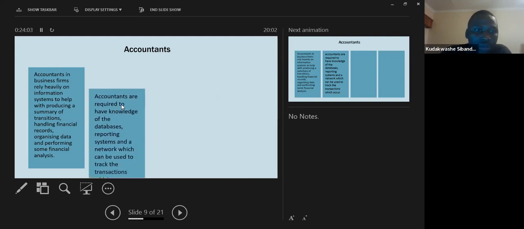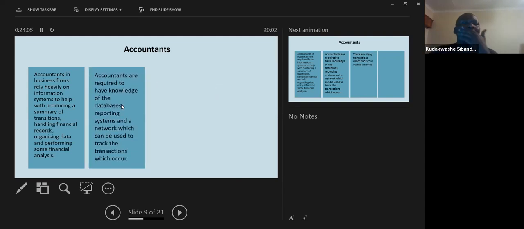Okay. So accountants are required to have knowledge of the database reporting system. Because if we're talking about handling financial records, you need to be putting in each entry, right? Maybe, I'm not good in accounting, but I'm just presuming, right? We bought stuff from this company. You need to put that in, you need to have that record.